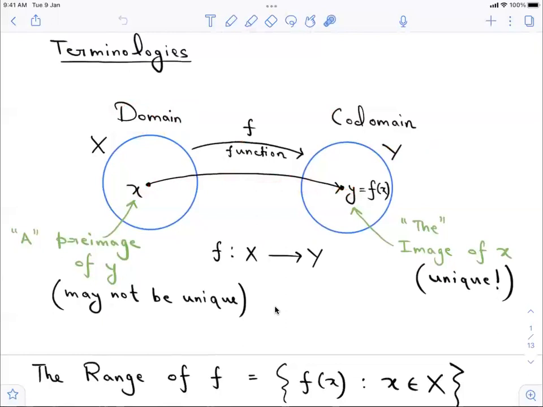So we'll call y the image of x if y equals f of x, and we'll call x a pre-image of y. Okay. So notice the difference that we're using 'the' for the image and 'a' in case we have a pre-image. Why is that? Because this image is unique. Okay, so that's why we say the image of x, whereas the pre-image may not be unique. So that's why we are saying a pre-image of y.